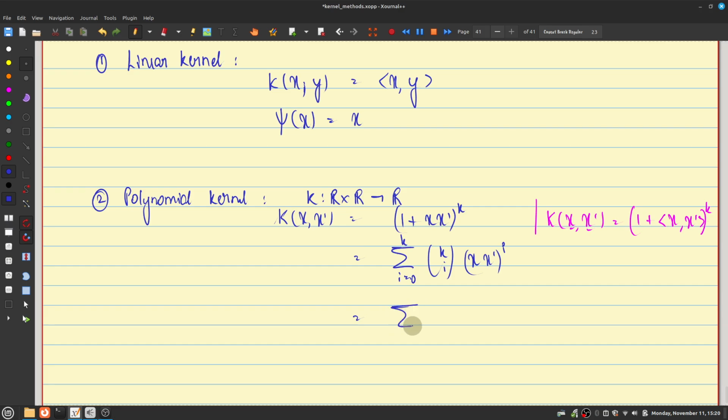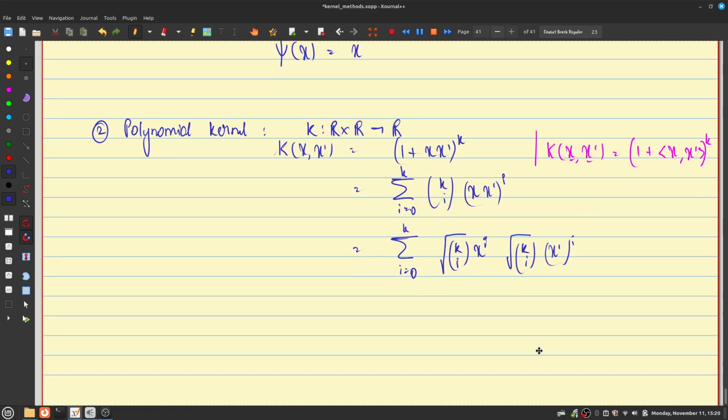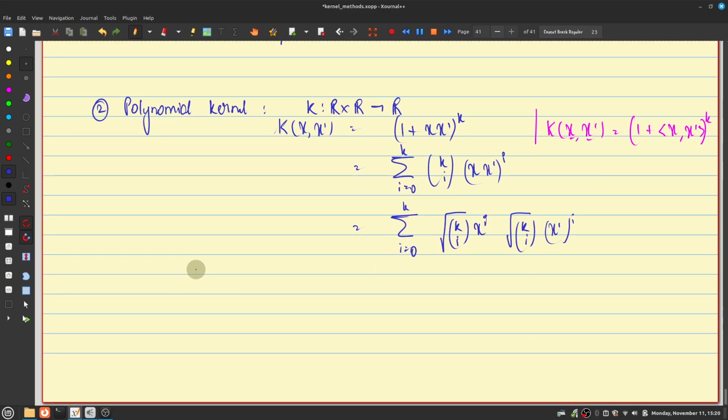So I can just write this as summation i equal to 0 to k of square root of k choose i times x to the power i, times square root of k choose i times x prime to the power i.